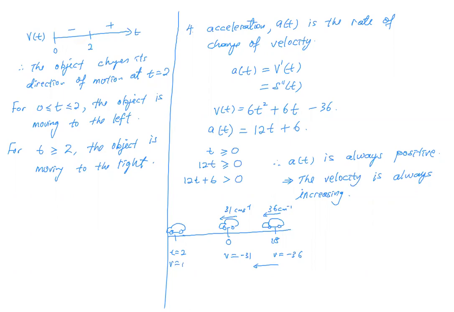Velocity equal to 0, correct? From negative 31 to 0, isn't it an increase? But the speed is 0. So bear in mind, velocity always increasing doesn't mean that the speed is always increasing. It depends on the situation. We will talk about that in our question.